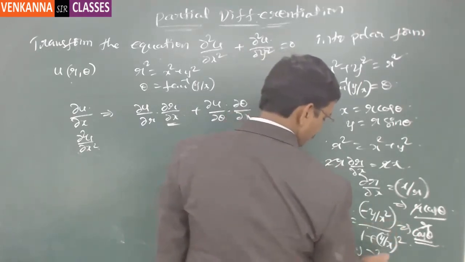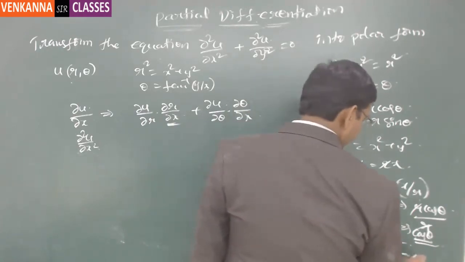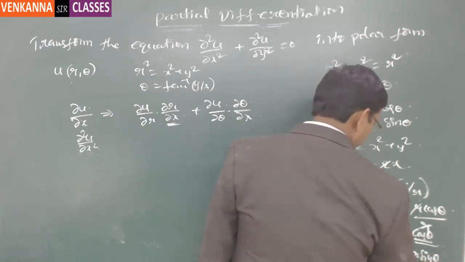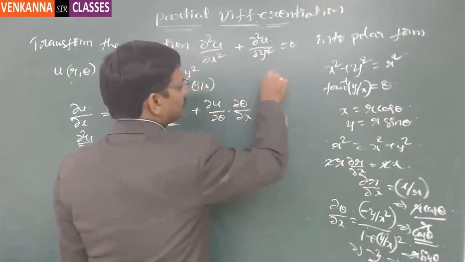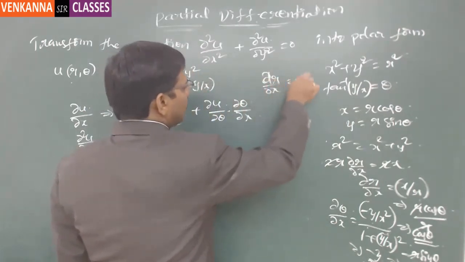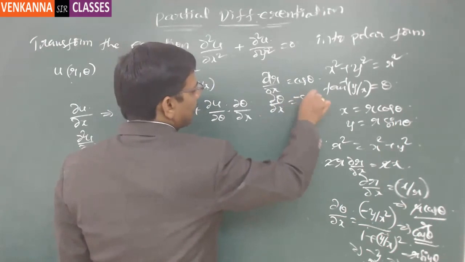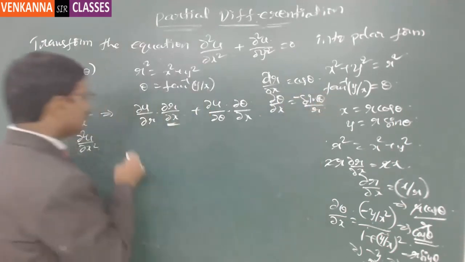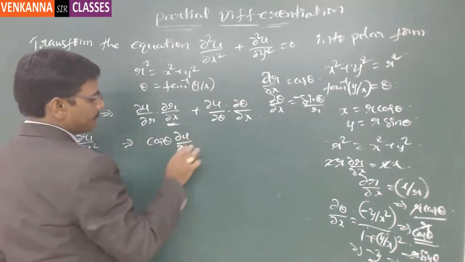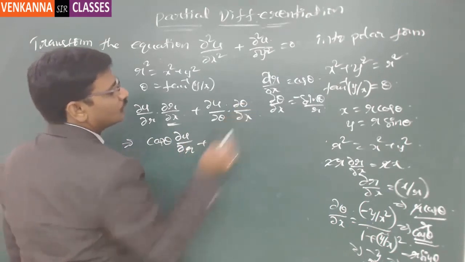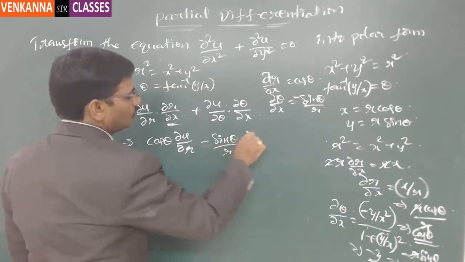So this is −y/(x² + y²). Treating y as r sin θ, this is −r sin θ divided by r², and then the r will cancel. So we have two important relations: ∂r/∂x = cos θ and ∂θ/∂x = −sin θ/r. So this is cos θ ∂u/∂r plus (−sin θ/r) ∂u/∂θ.